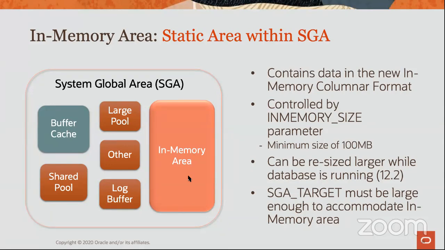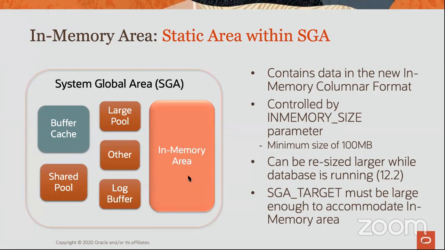So the SGA target, or maybe the memory target, depending on how you've specified your memory allocations, whether you're using automatic memory management, automatic shared memory management, or defining pools individually, you need to be able to allocate that in-memory area within the total framework of the SGA itself. This is the DBA part of this.